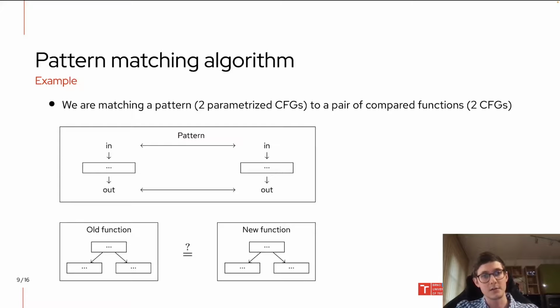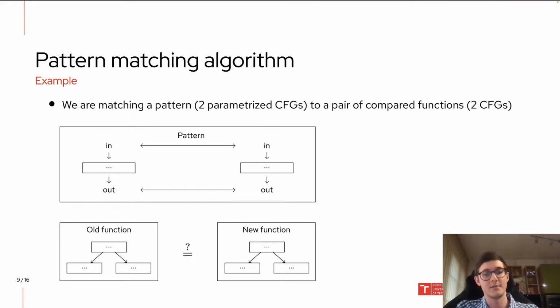If we look closer into this pattern, as we can see in this visualization, we have two separate control flow graphs that represent the same function in our compared program versions. So it's an old function and a new function, which is simply a version change of the same function.